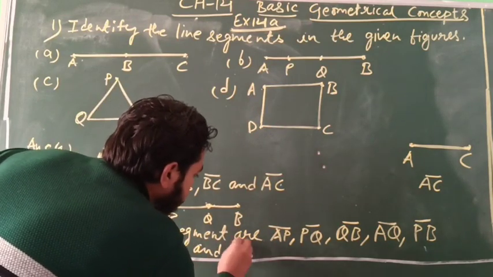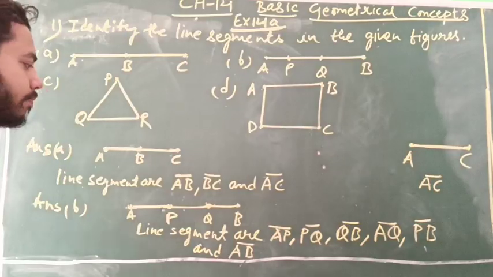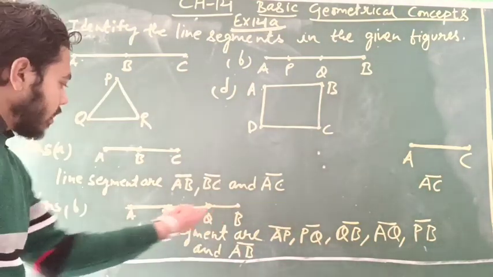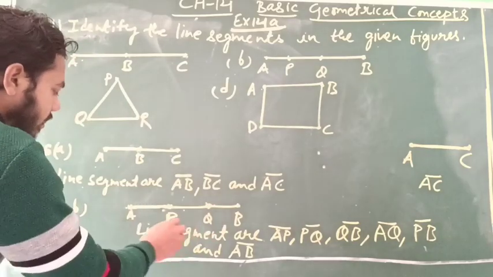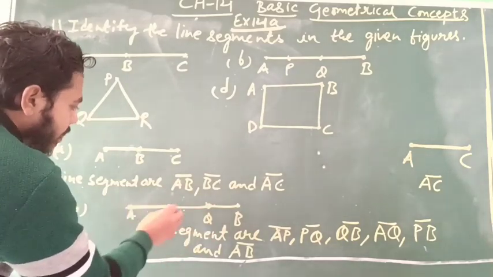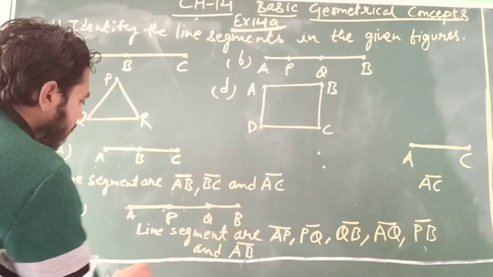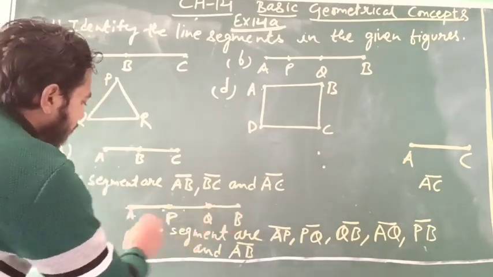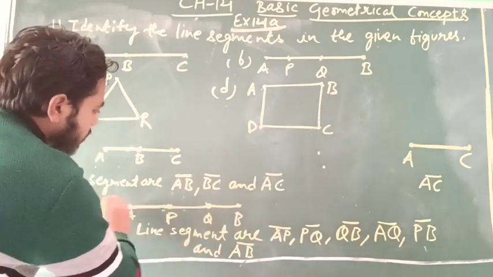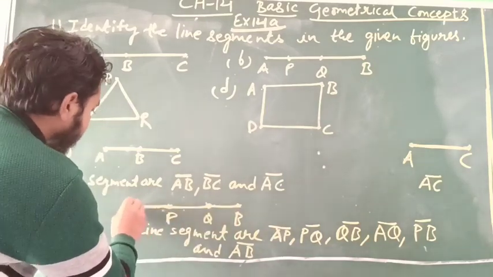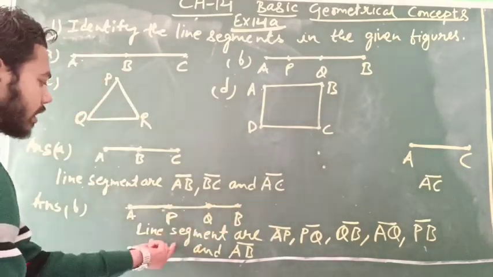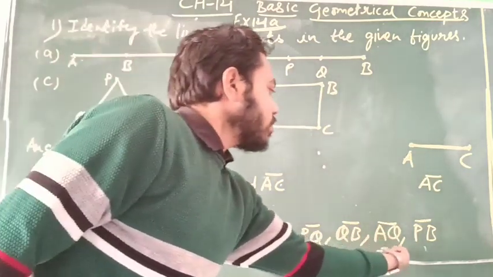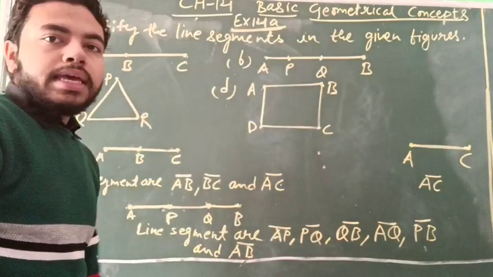So these are the 6 line segments in this figure: AP, PQ, QB, AQ, PB, and the last one is this straight line segment AB.